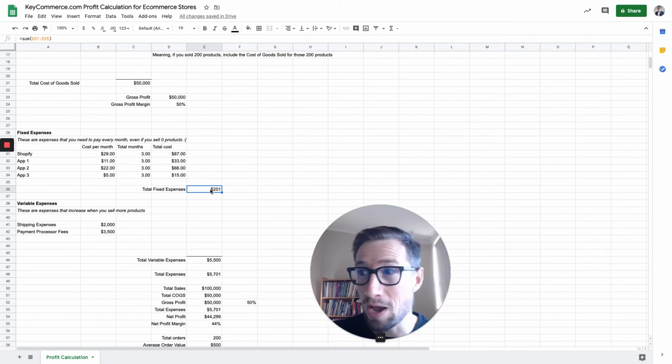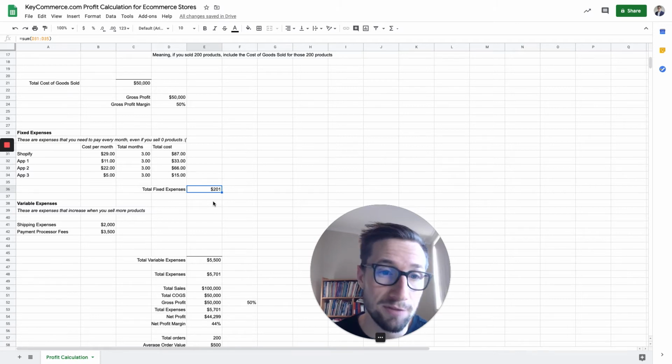Especially if you have a lease for some sort of warehouse, you still have to pay for that lease, and where's that going to come from if you can't sell your products? So this helps you to see an opportunity here and go, okay, these are fixed expenses and they are risky. I have to pay them even if I'm not making sales. You want to make sure that those fixed expenses make sense for you and your business.